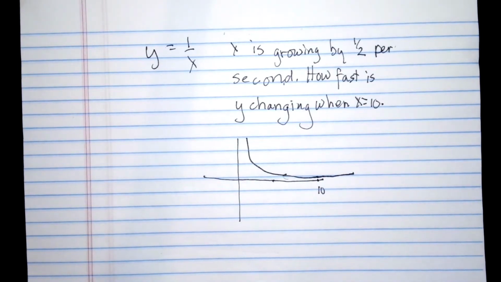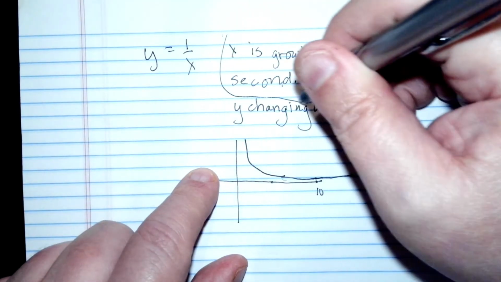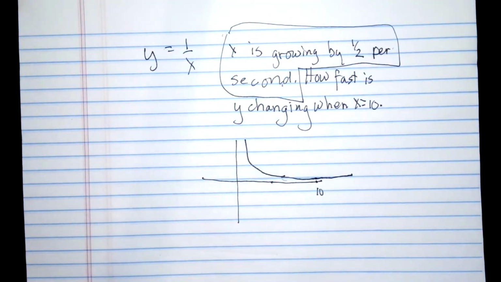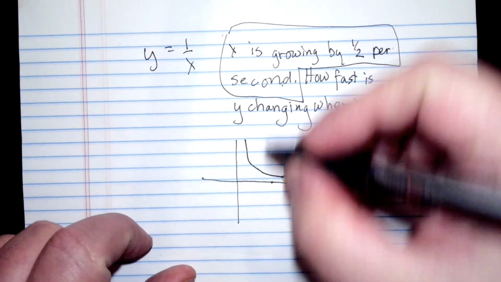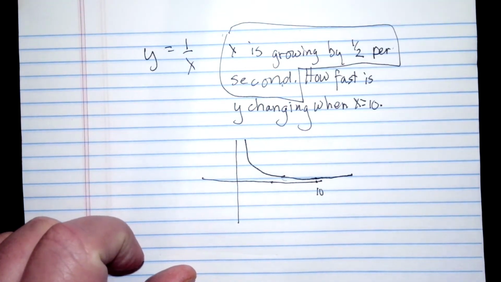All right. So this is a rate. It's a rate of change. X is growing by 1/2 unit per second. So it is a rate of change. So it is a derivative, and it's a derivative with respect to time or with respect to t.